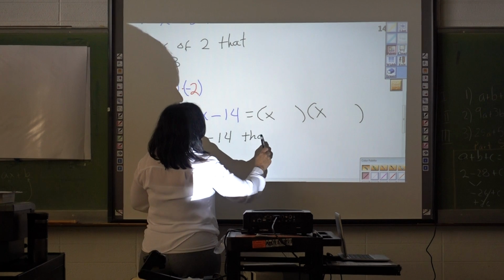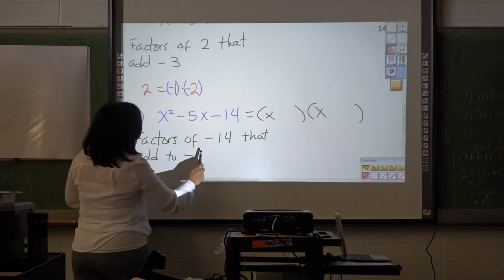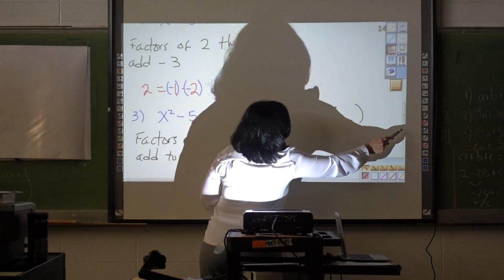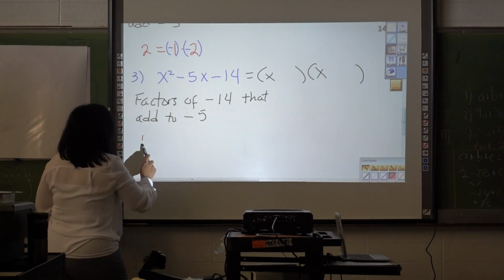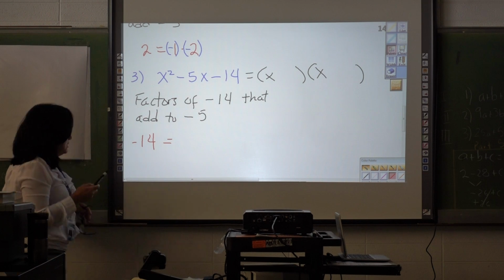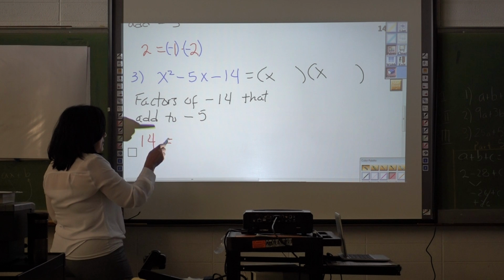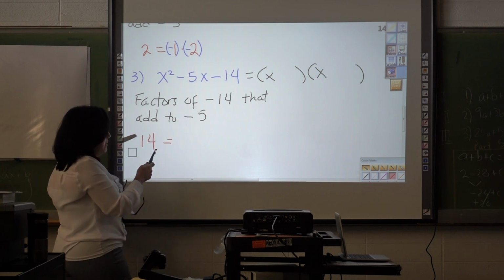So I'm going to start with all the possible answers. Always try to start in order. Let's deal with this as factors, and then think about the possibilities of getting negative 14 and negative 5.